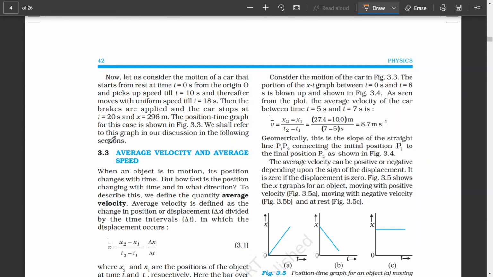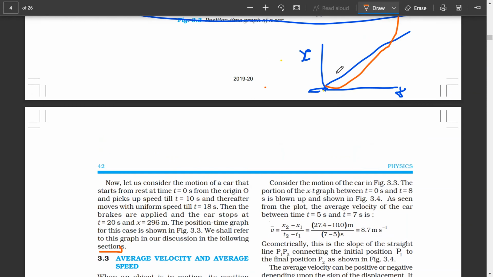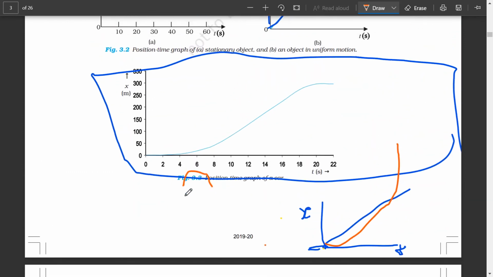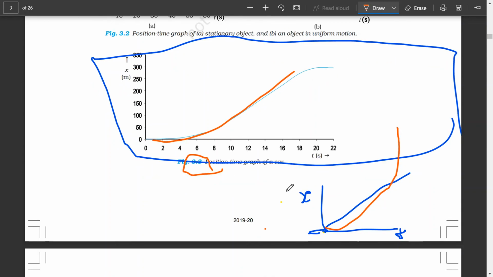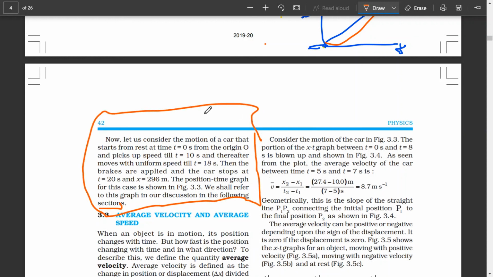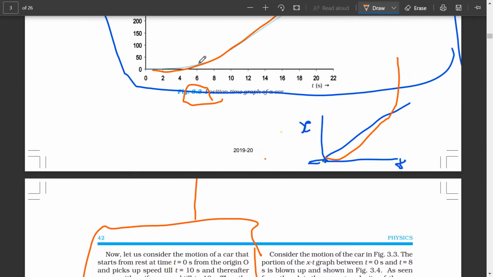We shall refer to this graph in our discussion of the following section. Now this is the 3.3 graph. This graph represents the motion of a body. This is the proper condition for this graph.